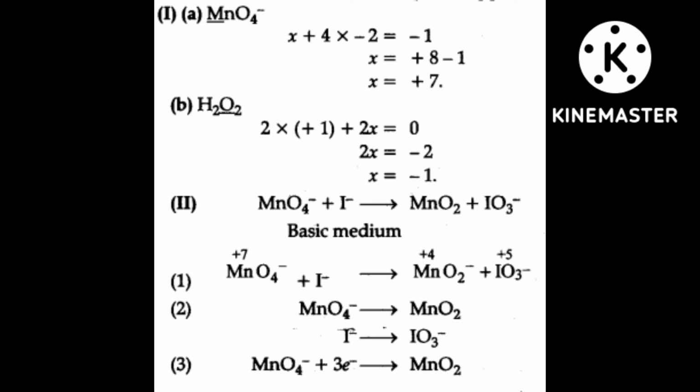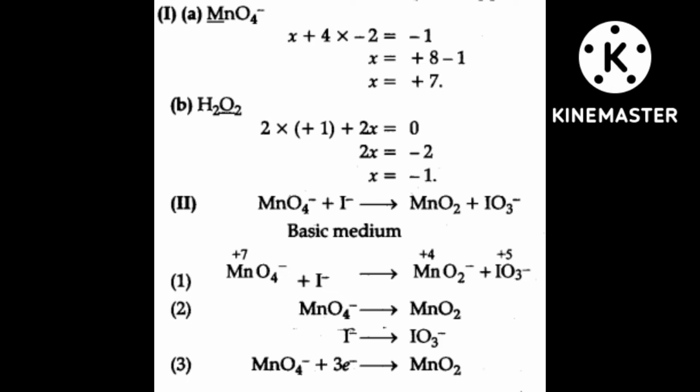Okay. Now other things. What are the reasons for the different chemical behavior of the first member of a group of elements in the s and p blocks compared to that of the subsequent members in the same group? This question is important.